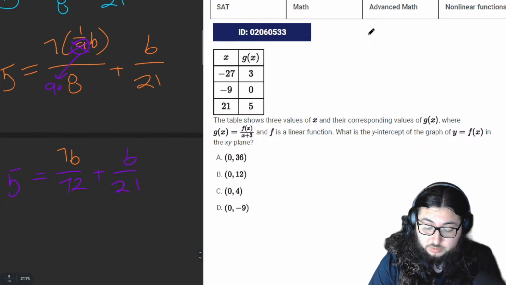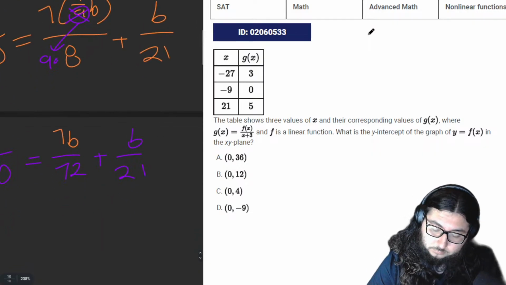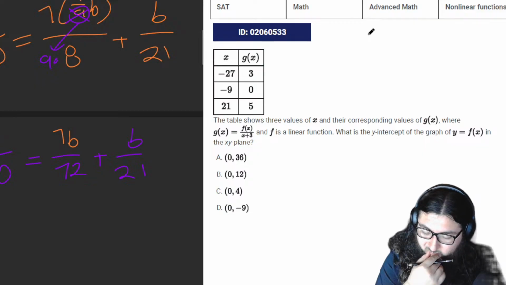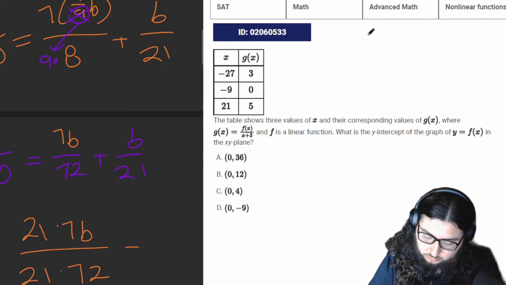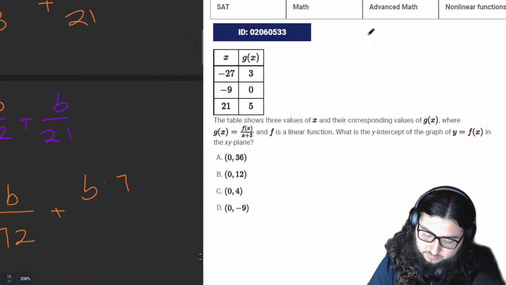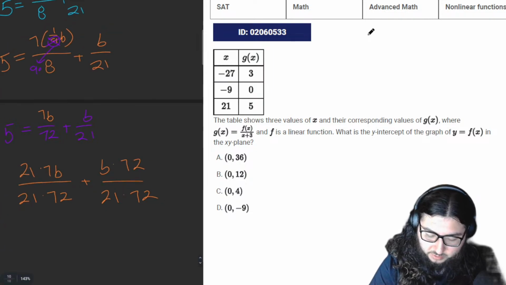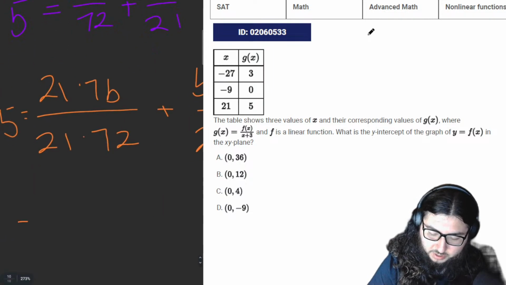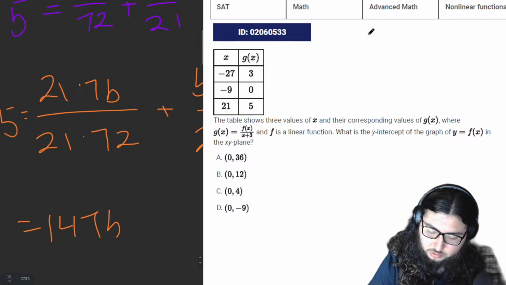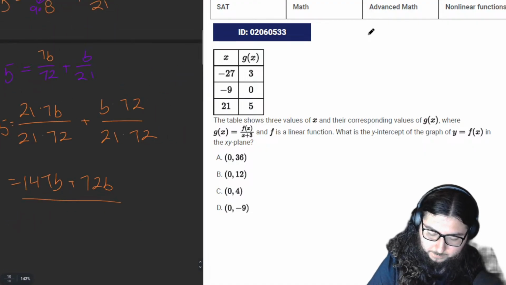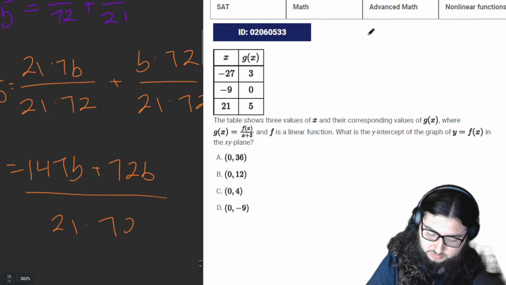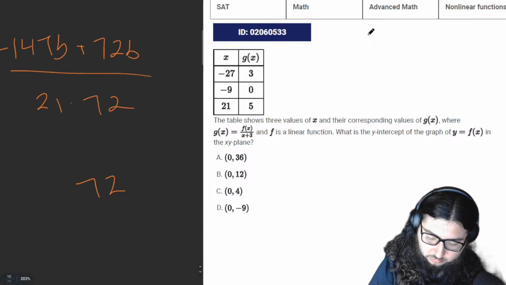I guess we're going to cross multiply. So 21 times 7b over 21 times 72 plus b times 72 over 21 times 72. 5 is equal to all this. So we have 147b plus 72b over whatever 21 times 72 is. Let's see really quick.